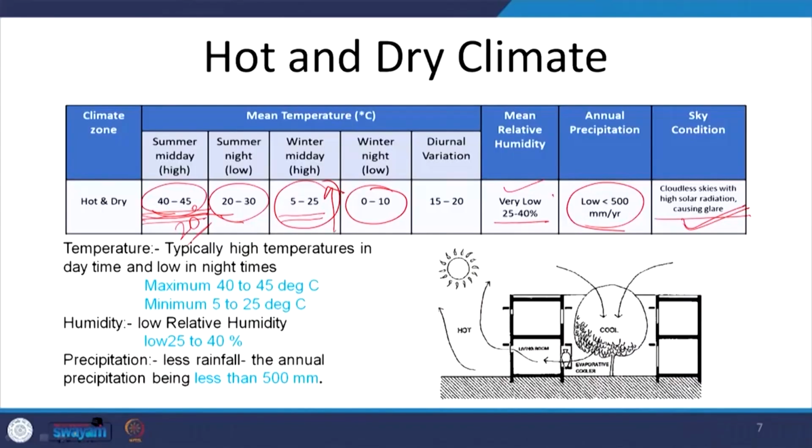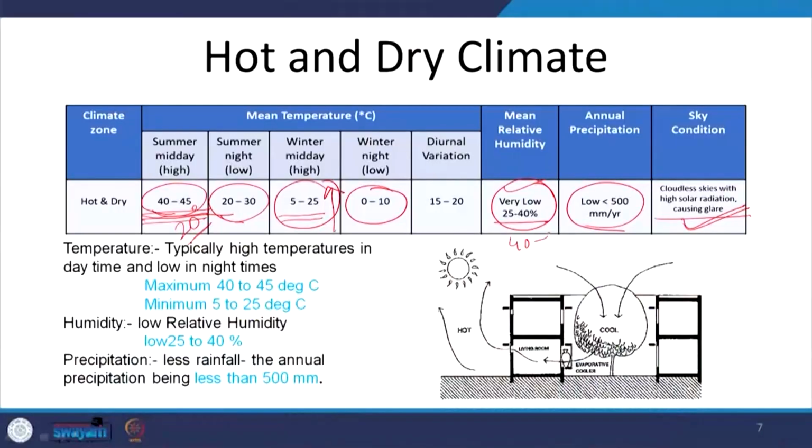Another one, if we can handle it through design, is can we do something about humidifying the environment. So, the relative humidity, which is normally low, has to be maintained between 40 to 60%. So, if we want to increase the humidity, is there a design measure through which we can increase the humidity slightly?